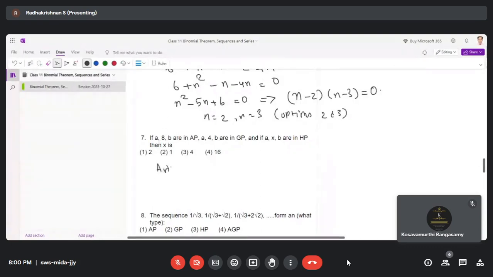Arithmetic mean. Since we see A, 4 and B are in GP, geometric mean of A and B equal to 4. And they are asking what is the harmonic mean.